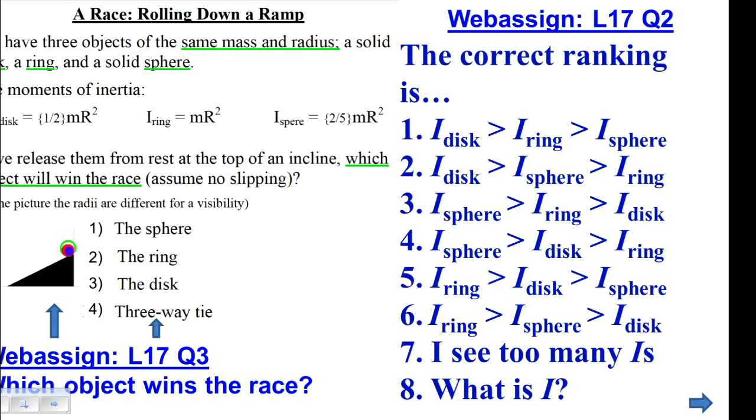The sphere is slightly bigger, but doesn't really matter. And we're going to roll them down this ramp. Same mass, same size. The only difference is the shape. The shape affects the moment of inertia, and one of these answers is correct.